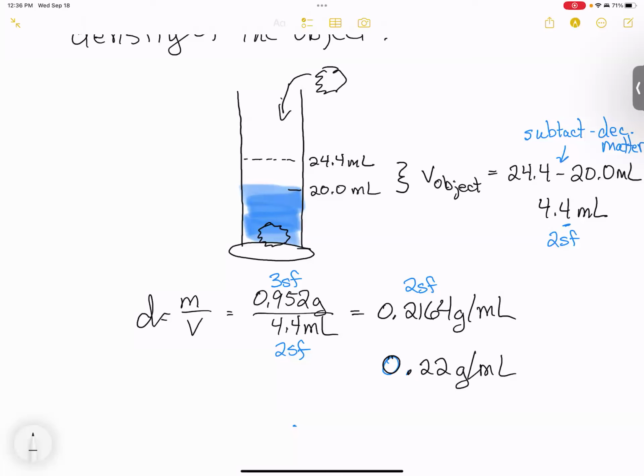Now in chemistry, 90% of the time, it's going to be an irregular shaped object because we don't deal with nice, neat squares or cylinders that often. And so submersion is the most common way to determine the volume.